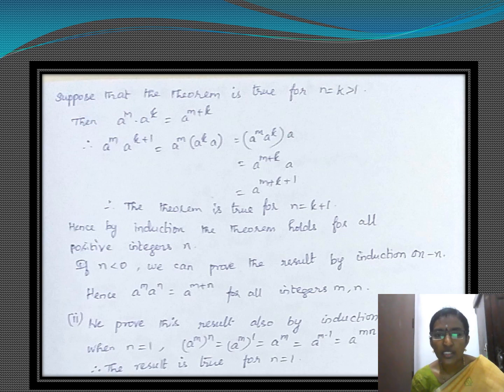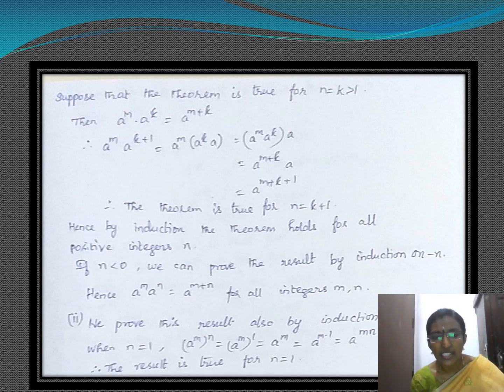This can be written as a^(m+k) into a, which is equal to a^(m+k+1). Therefore, the theorem is true for n equal to k plus 1. Hence, by induction, the theorem is true for all positive integers n.